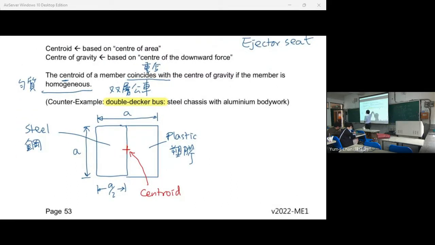This is a square with side length A. So in English, we will say this is a square with side length A. So the centroid is located in the middle. Located at the center, sorry.